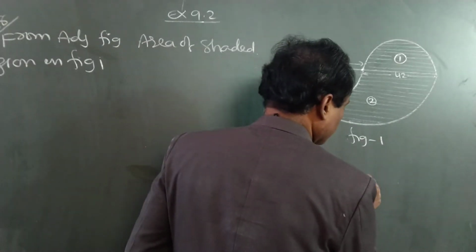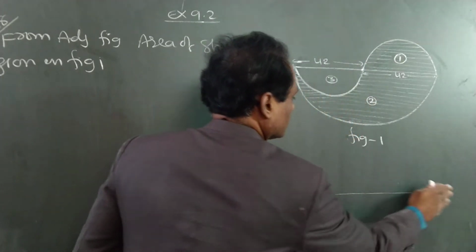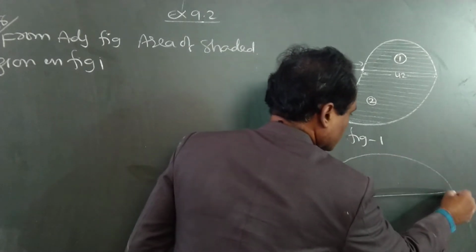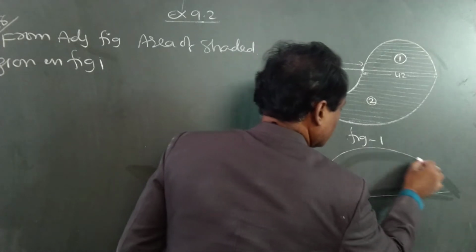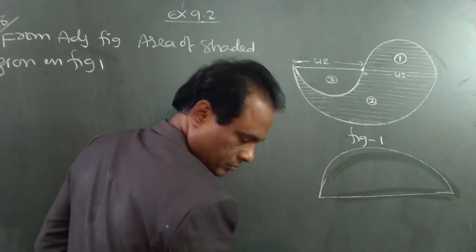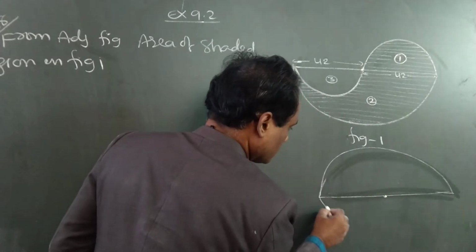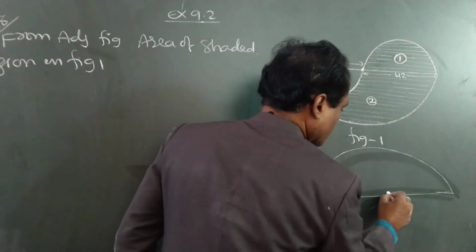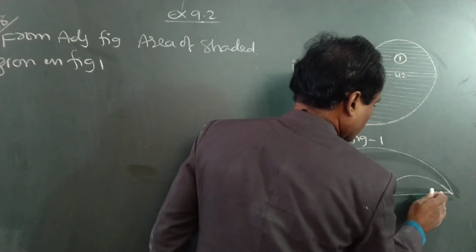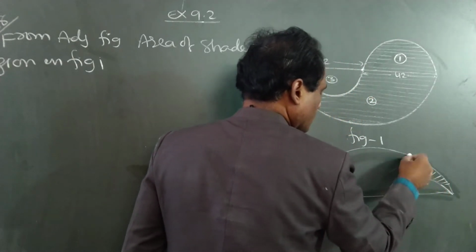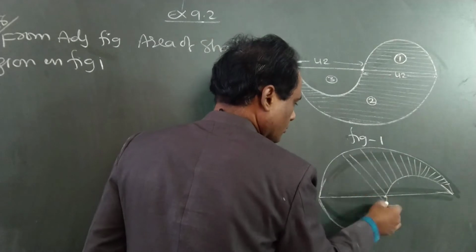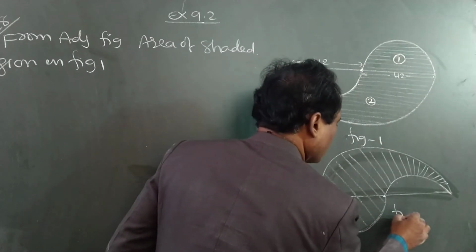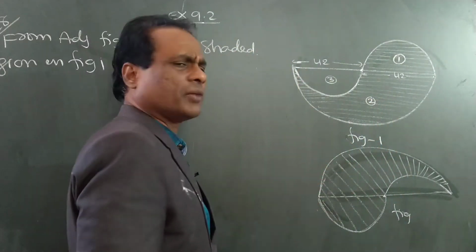I will draw that also. Don't look at the second figure because if you know the first figure area, double it. If you multiply with 2, we will get the total figure.